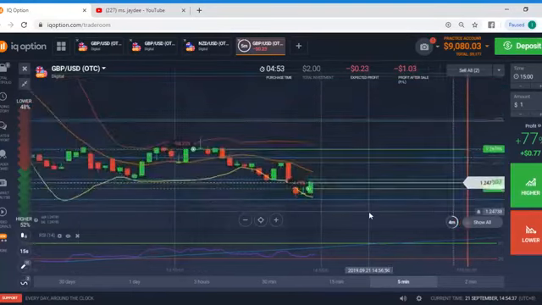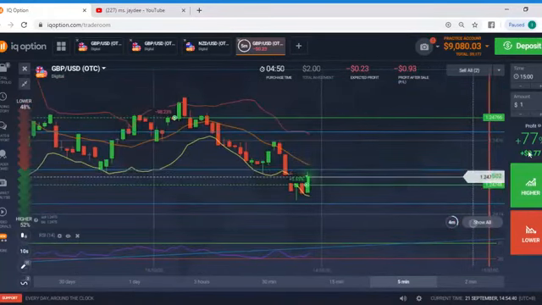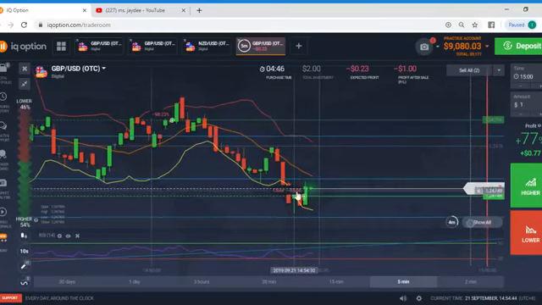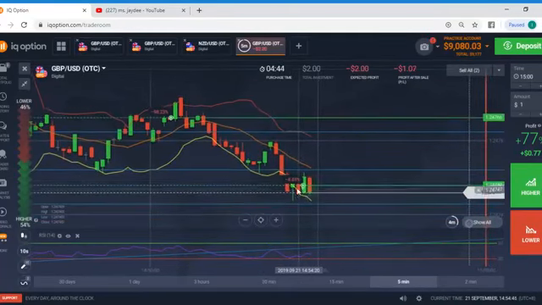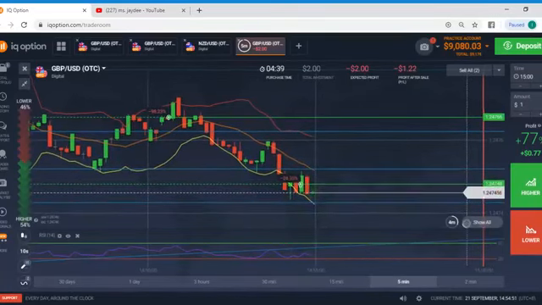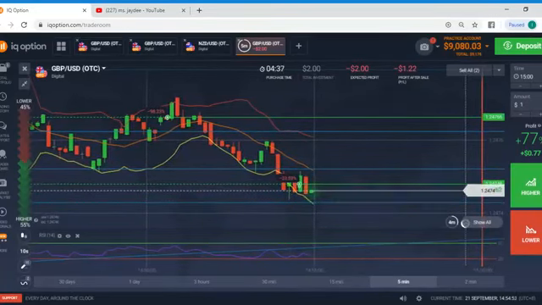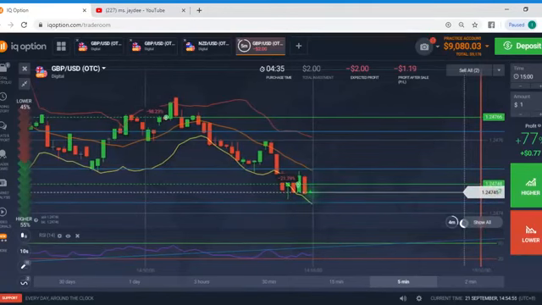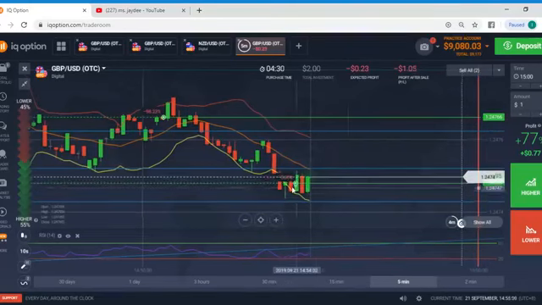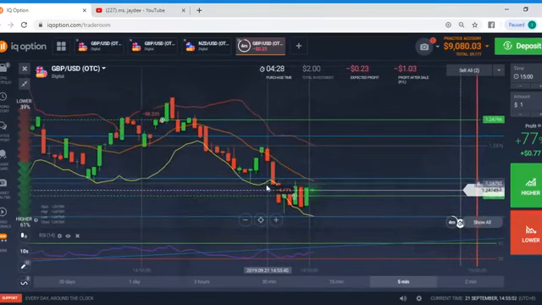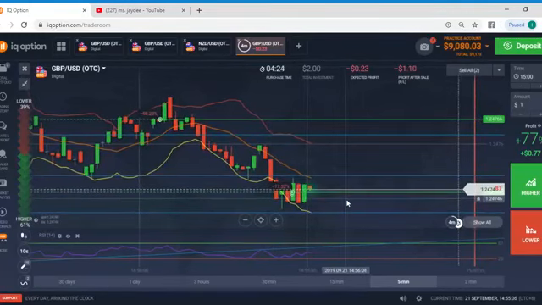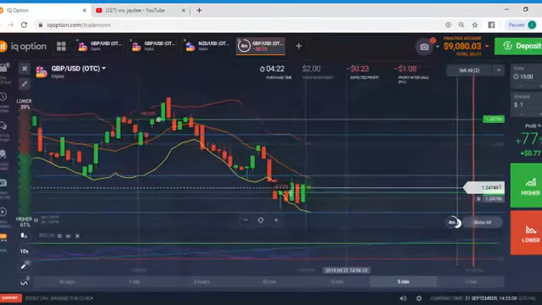So it's already positive, but because the profit offering is only 77%, it's still showing 0.06. So this is what we call scalping.